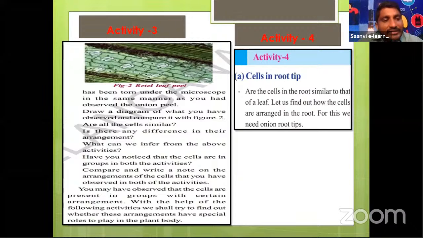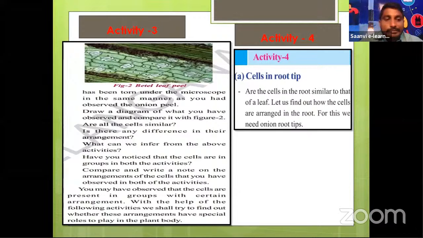From the above activities, it is inferred that some of the cells may modify or arrange in a different way.